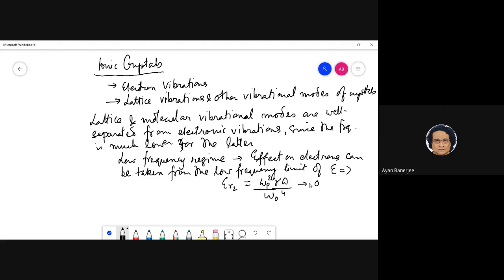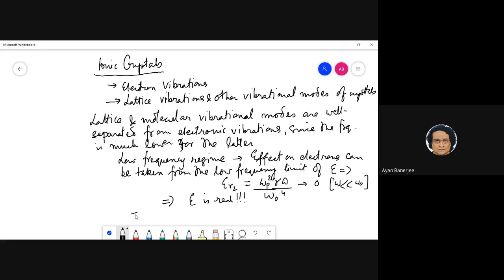So that goes to 0 because this tends to 0, right? Which means that epsilon is real, right? That essentially means that this is when omega is less than omega 0.